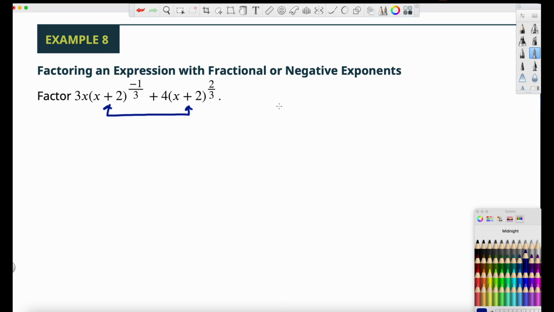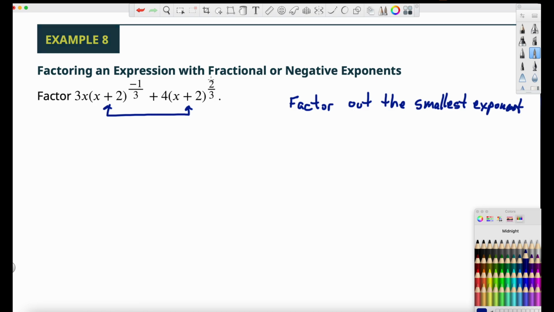We want to factor out the smallest exponent and then simplify. So right here, our smallest exponent is negative 1/3.